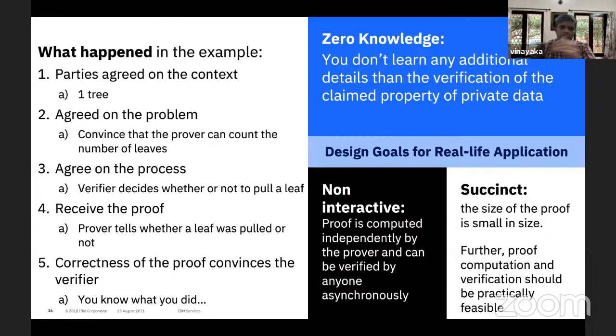Okay, and a lot of work has gone in the last... the first zero knowledge proof protocol was designed back in the mid 1980s, 1985, by a bunch of people at MIT, right? And then the non-interactive versions were designed in the early 90s. Okay, so it took a lot of time to come up with a non-interactive proof.